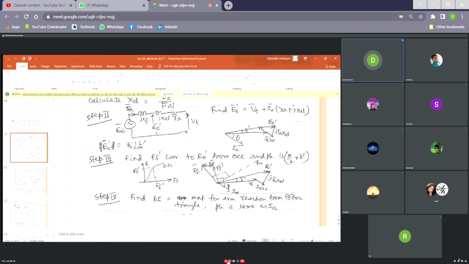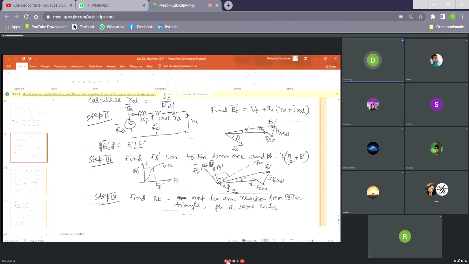And from FF, again using OCC, you can calculate the no load EMF. Now once you know the no load EMF, you can calculate the voltage regulation based on the known formula, E0 minus VT by E0. Okay. These are the major three techniques that are used for calculating the armature voltage regulation.